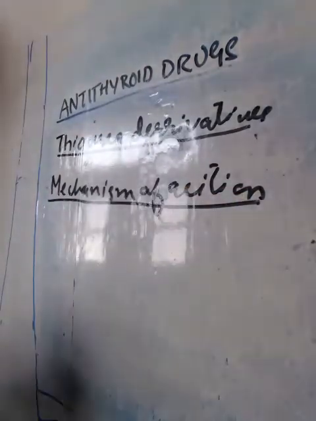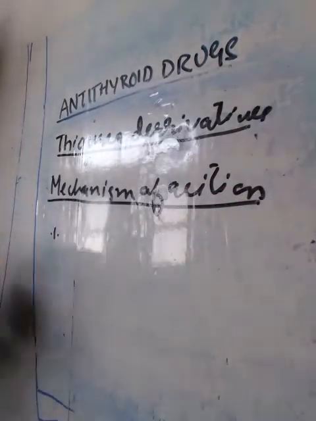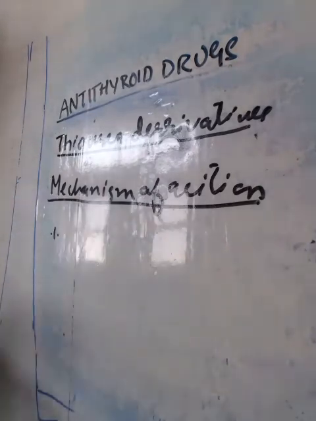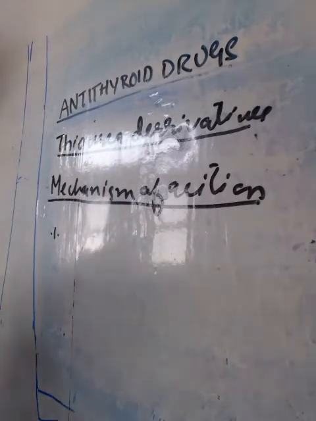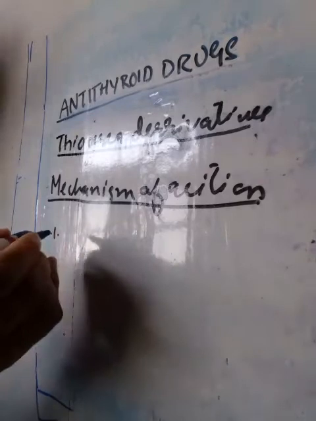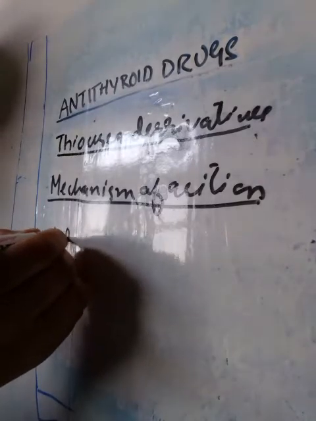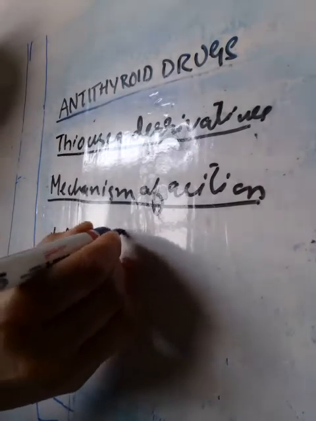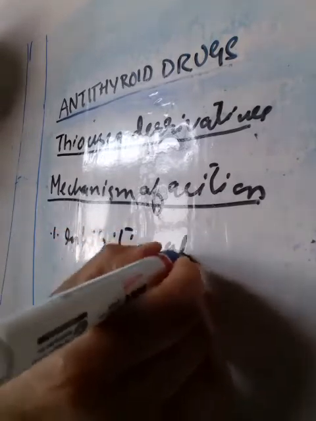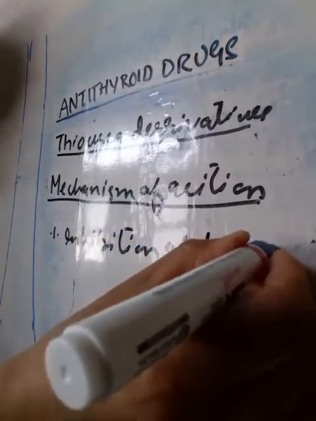These drugs act by inhibiting the synthesis of thyroxine hormones. Number first, they cause inhibition of peroxidase enzyme.